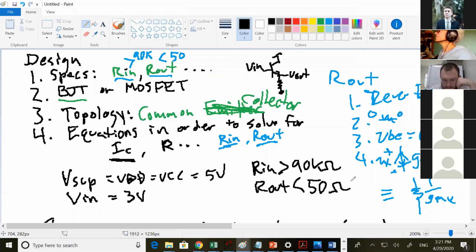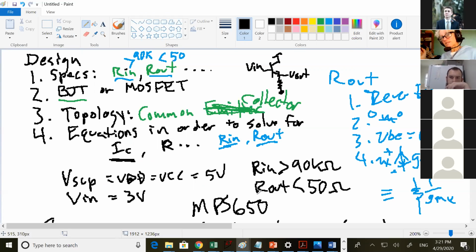So I just took care of step 1 for you. And I'm actually going to take care of step 2 for you because I want you to use the model that you have been using in class, which is the MPS 650. So if there's any values that you need, go to the model file for the MPS 650.